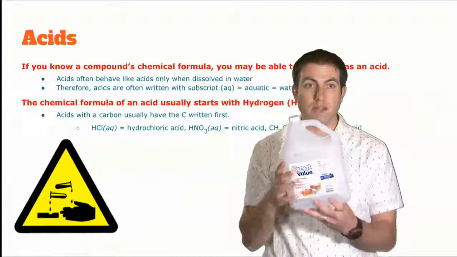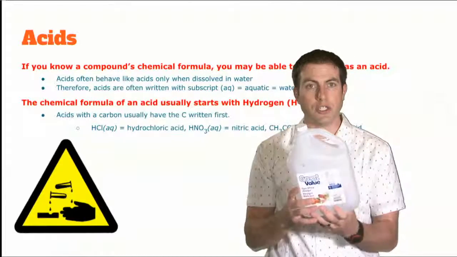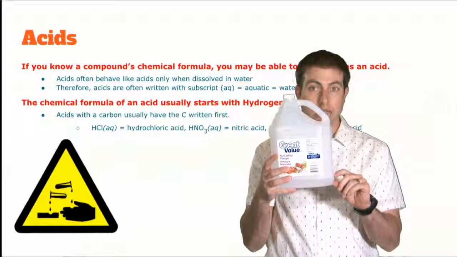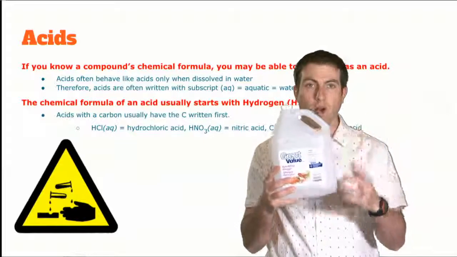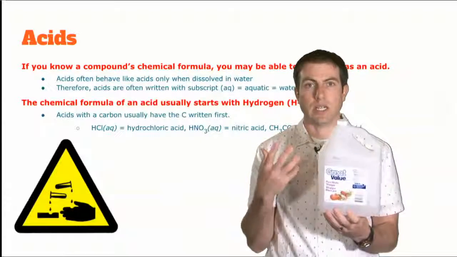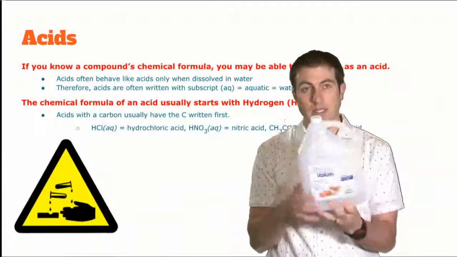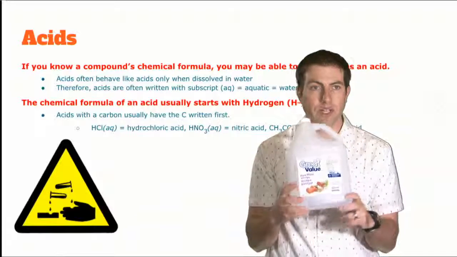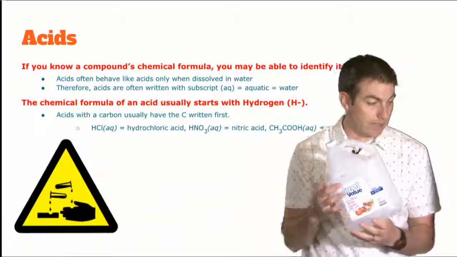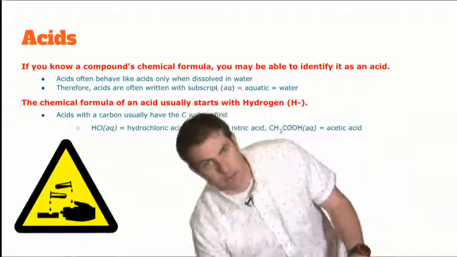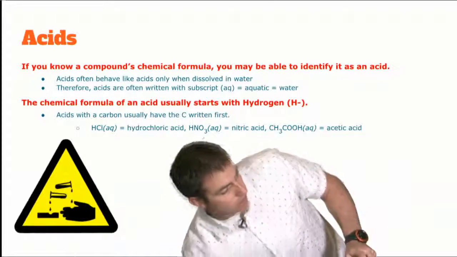That means of this big 4-liter jug, 5% of it, just a little bit, is acid, and the rest is just water. We make it very dilute so it's not going to cause serious damage. But acetic acid is an acid, it's vinegar, and you use it in your everyday lives. There are lots of examples of really common acids and bases that you have in your houses.